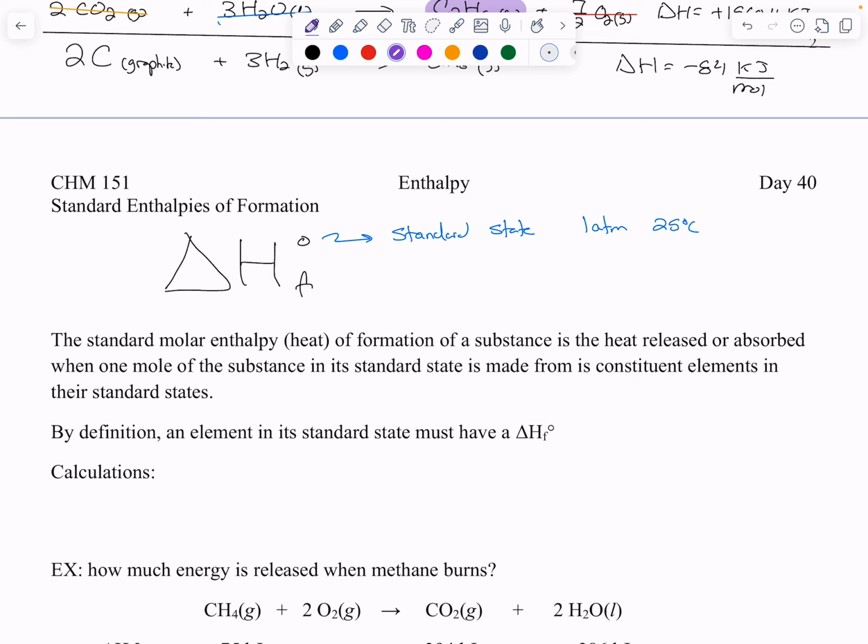And the F is formation. The standard molar enthalpy, or standard molar heat of formation, is how much energy as heat is released or absorbed when 1 mole of substance in its standard state is made from its constituent elements, the elements that make it up, in their standard states.